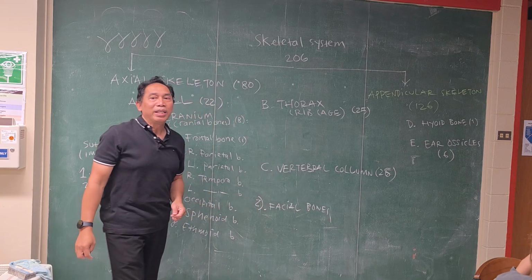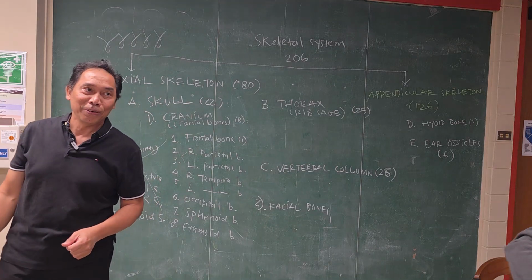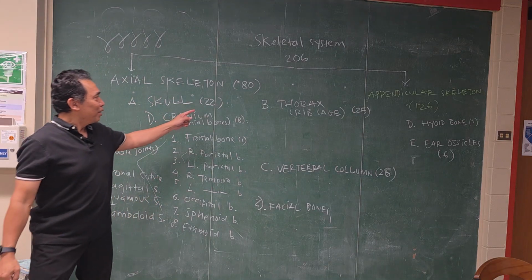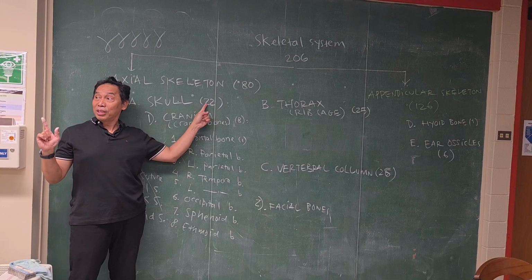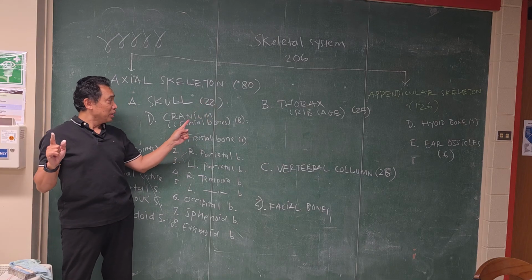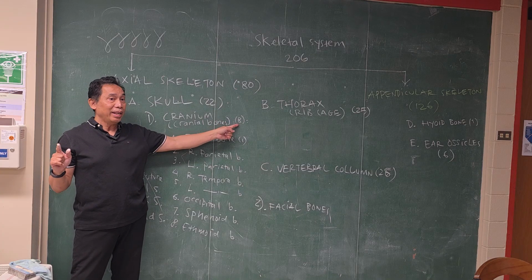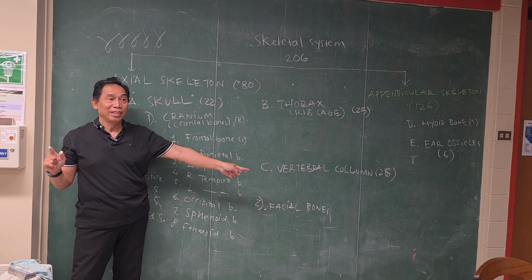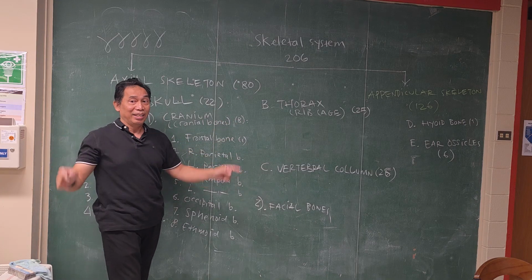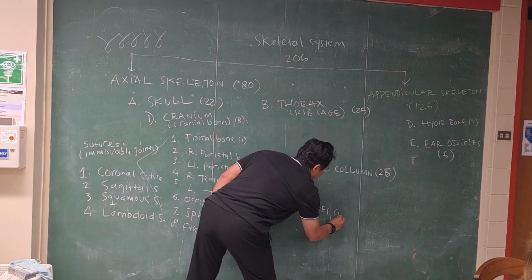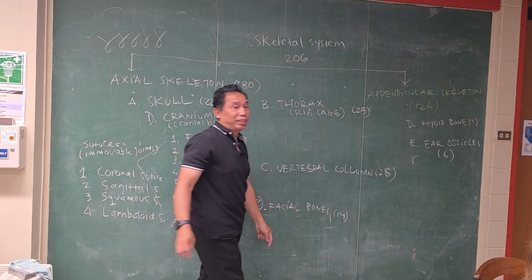Now, how many will there be? Can you count? Remember, we have 22 for the skull, and the skull consists of cranium and facial bones. On your cranium, you have 8. What is left over? 14. There are going to be 14 bones on the face.